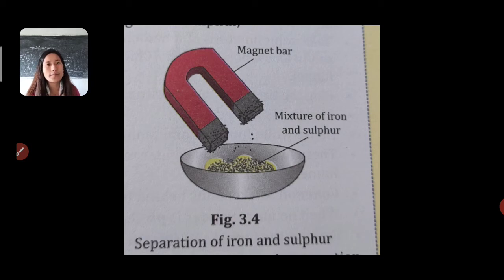All the iron filings will be attracted by the magnetic bar and you will be left behind with only sulfur. So this is also one of the separation techniques. Sometimes food items in the food processing industry or hotel industry are contaminated with iron filings, and this is how they separate out the iron filings from food items.